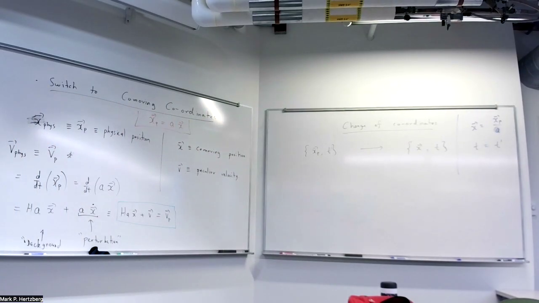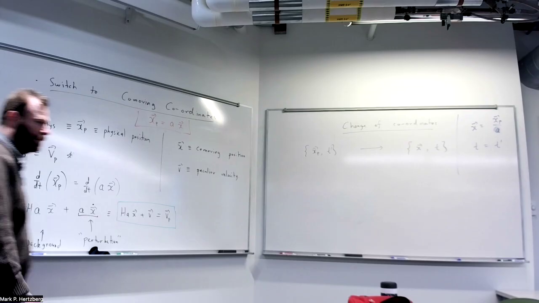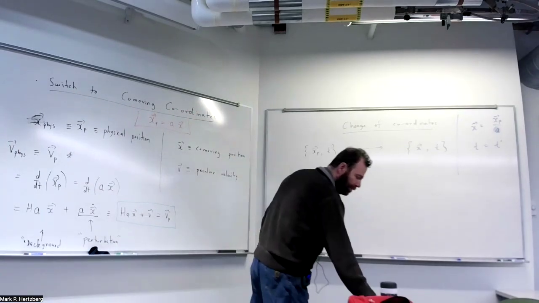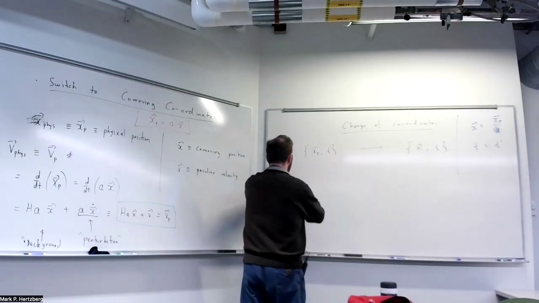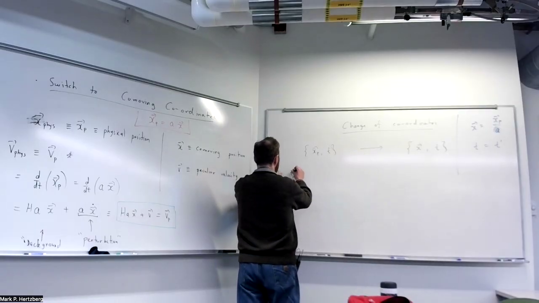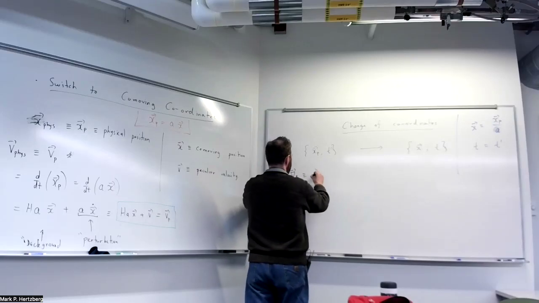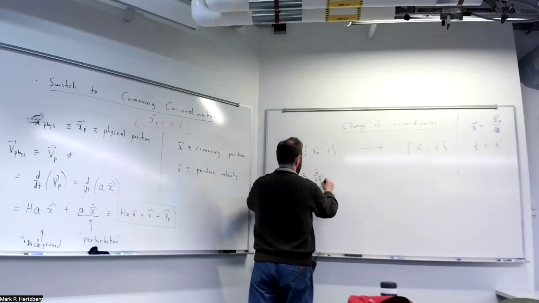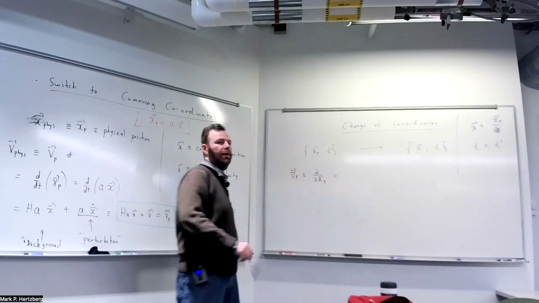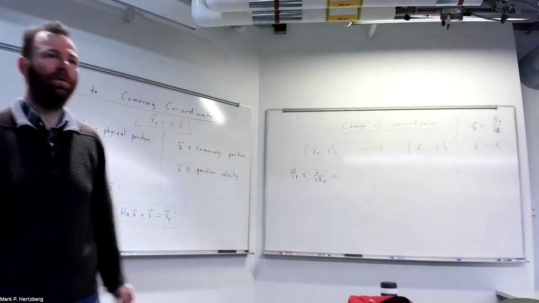So here, for example, I have to take gradients and rewrite a gradient with respect to a physical position as a gradient with respect to co-moving. So grad p, or we can think of that as d dx p. How can I write this in terms of new coordinates?